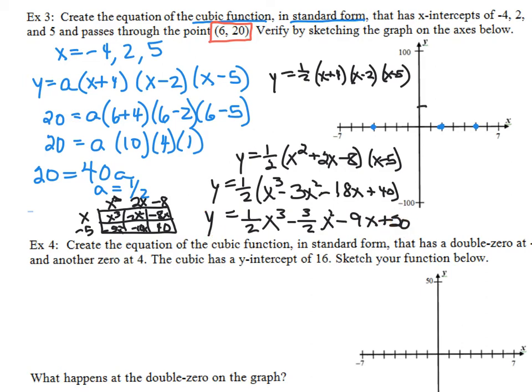So on my graph, I know that I'm going to come up here and hit the y-axis at 20. I ended up with an a value that was positive, so that tells me that for a cubic, my graph should rise through that intercept, come back down, and back up again, and my graph will look something like that.